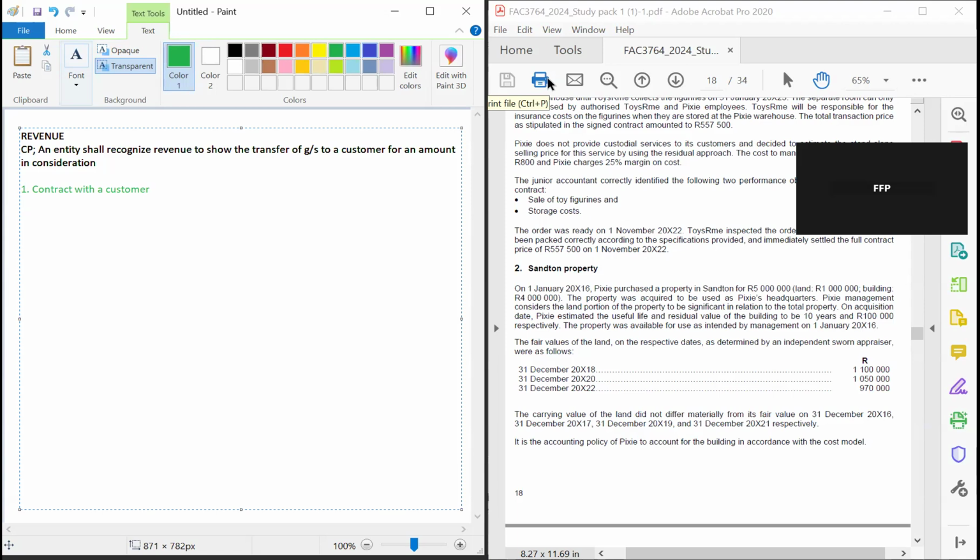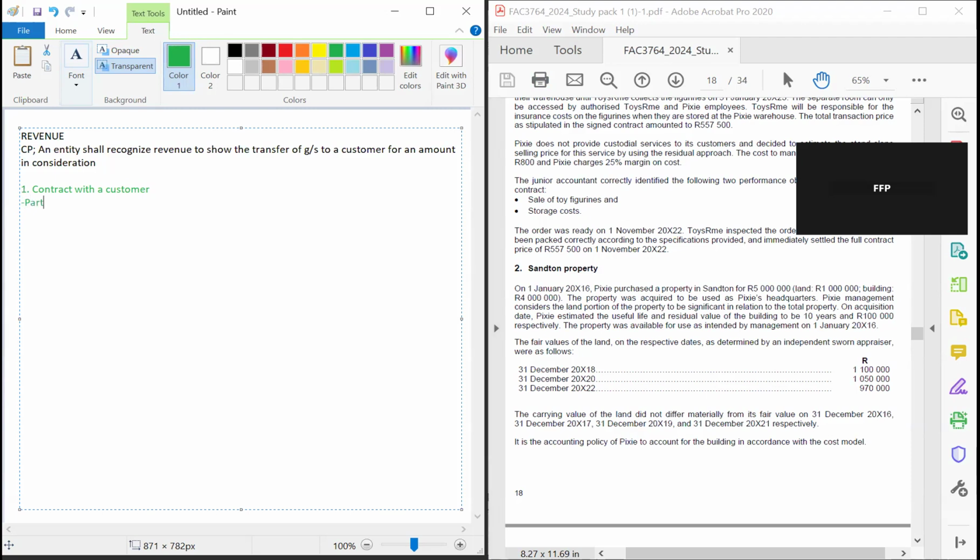So now, if I am going to go deeper into this, obviously I'm not going to list it here, but I'm going to say it, right? So how do you identify a contract with the customer? Firstly, you need to identify that the parties have approved and are committed to the contract, right? Or let me just write it.